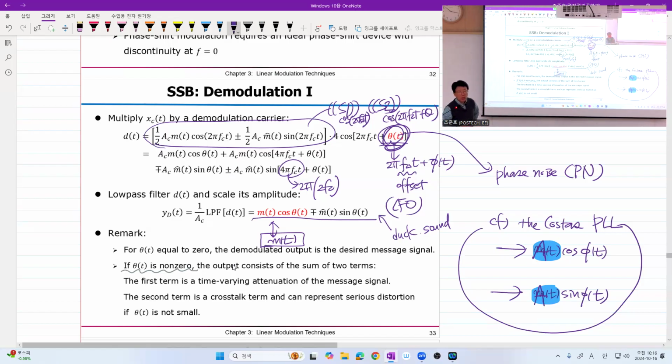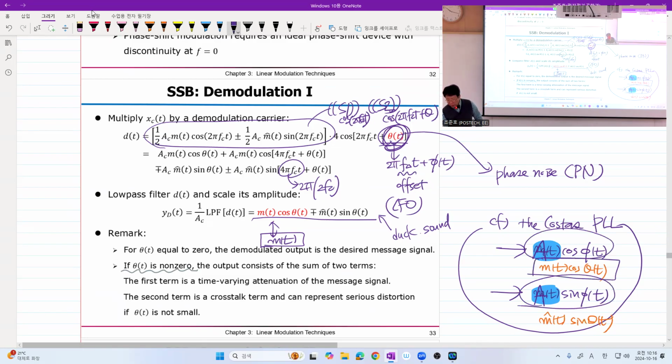However, the Costas PLL does not work for SSB because you have something like here m of t cosine theta of t, and here m hat of t sine theta of t. You know the difference, right? Because in the DSB case, the same signal is multiplied by cosine and sine, so somehow you can extract this angle.